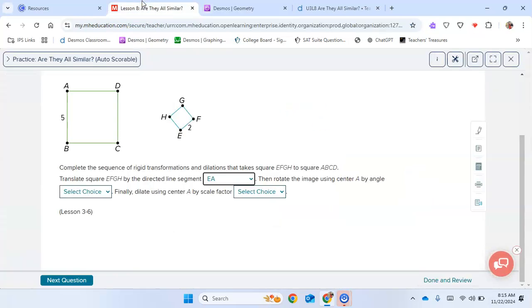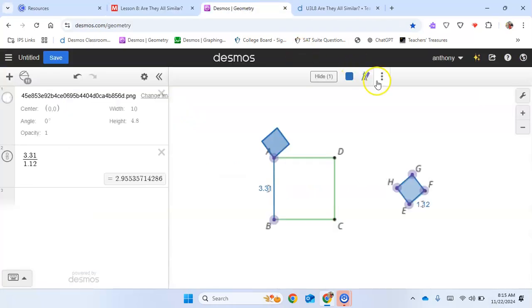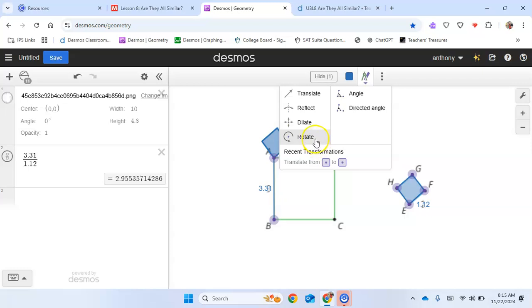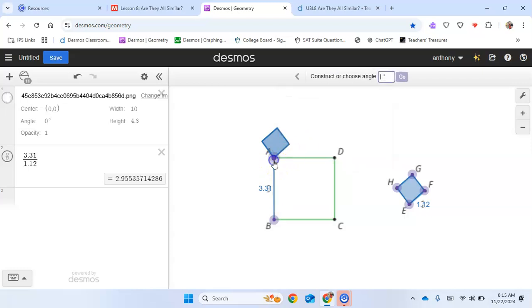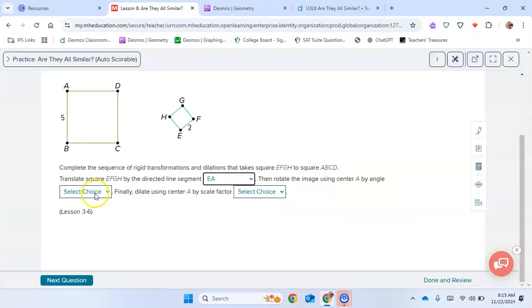Then rotate the image using center A by angle F prime A B. You can see that F and B are both the second letters.